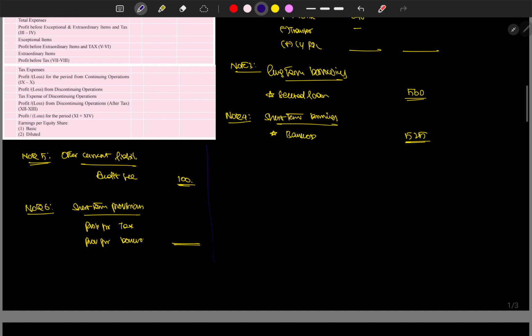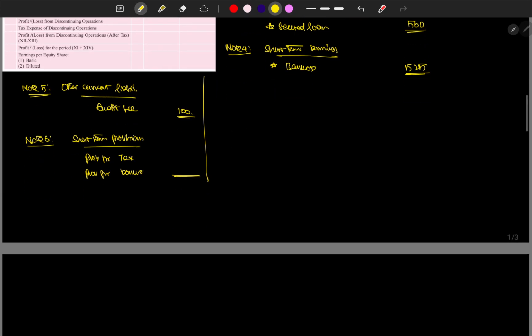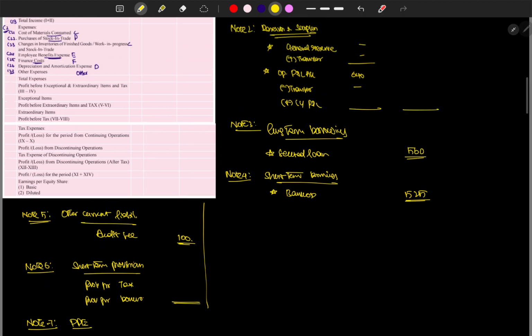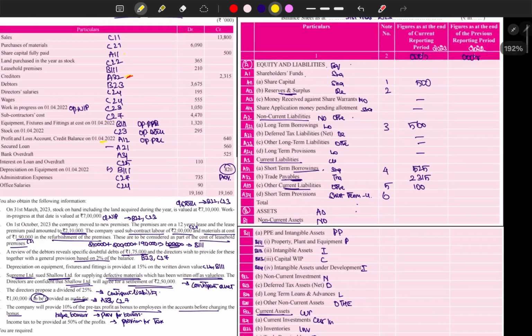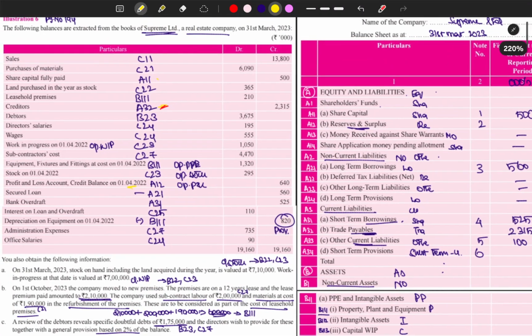Note 7, which is PPE. So B111. How many B111?